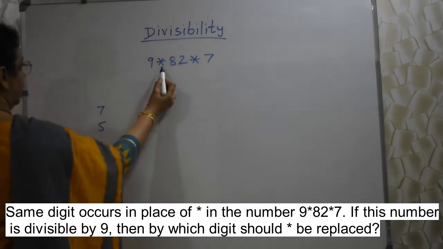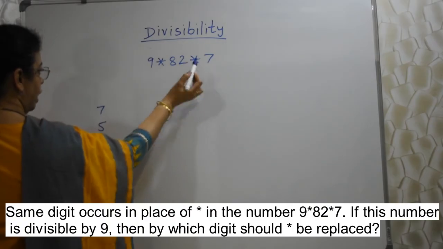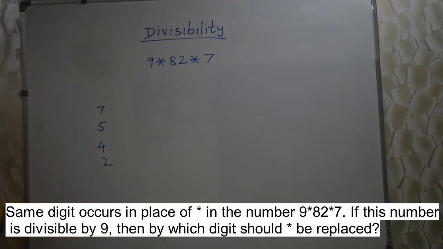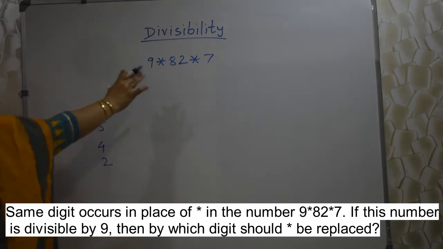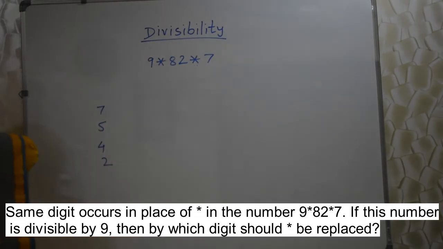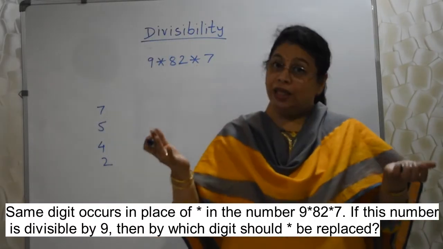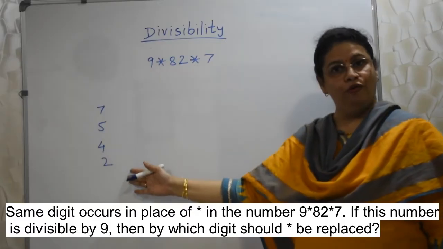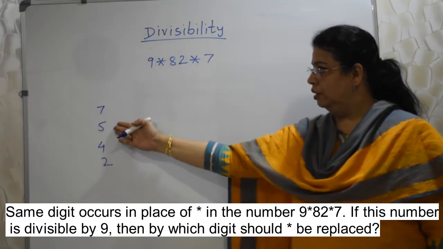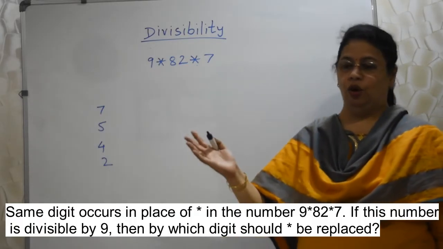Same digit आने वाला है इधर, जो भी digit आने वाला है same digit will appear here because asterisk और asterisk दोनों same है, right? Now after we put in some digit here, this entire number should be divisible by 9. Okay, there can be many more than one possibilities. So here in this kinds of sum you must take help of options. Okay, first option 7, second is 5, then 4 and then 2.